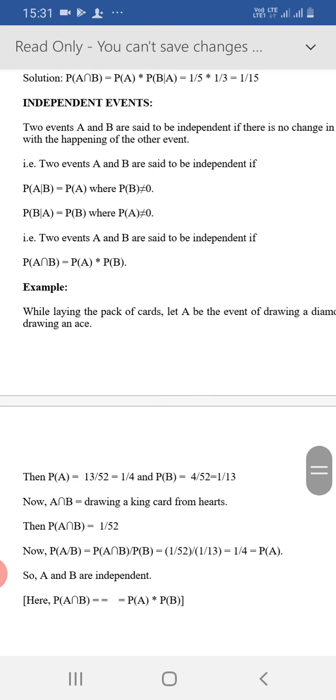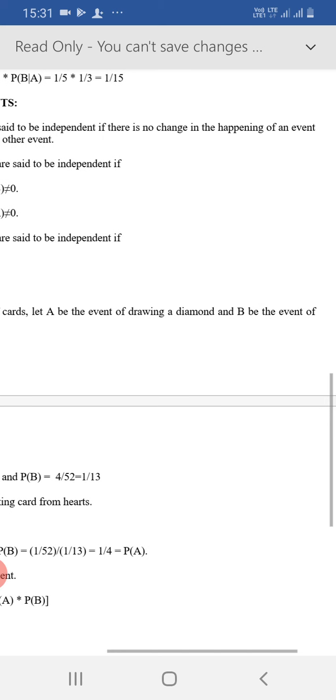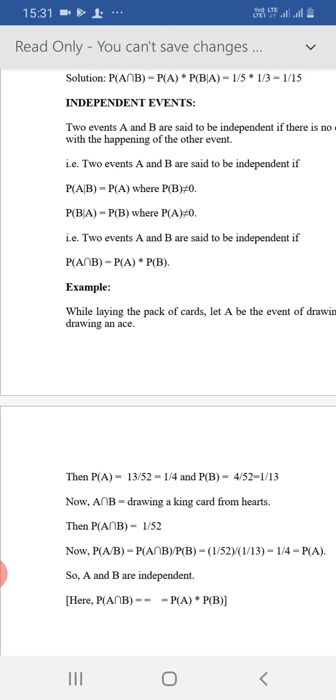Now an example: while playing with a pack of cards, let A be the event of drawing a diamond and B be the event of drawing an ace. Then P(A) is equal to 13 upon 52, which is equal to 1 upon 4, and P(B) is equal to 4 upon 52, which is equal to 1 upon 13.